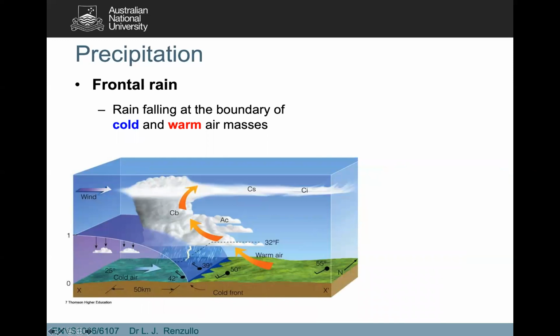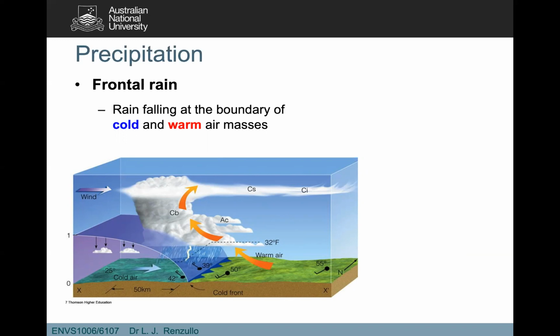So frontal rain. That's when rain forms at the boundaries of a cold and warm air mass. So that cold air mass comes in, lifts the warm air mass above it. And because that's often quite a steep ascent of that warm air into areas of the atmosphere colder, with less pressure, the clouds form quickly.